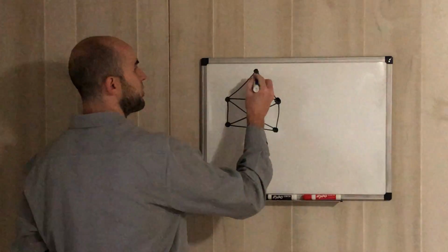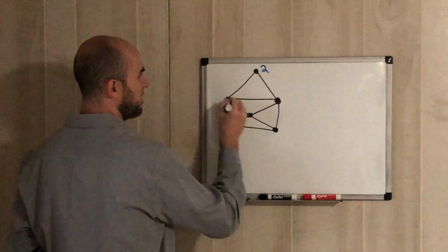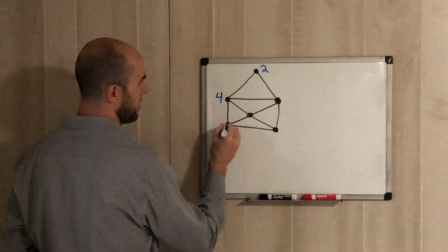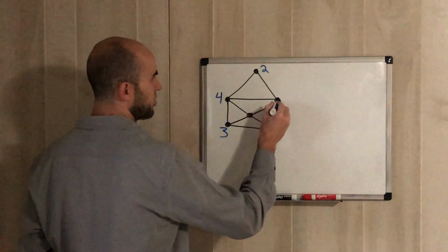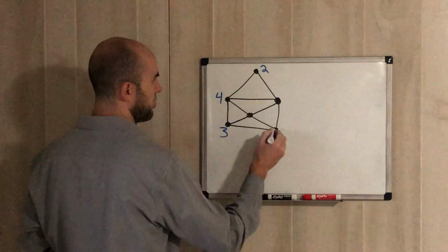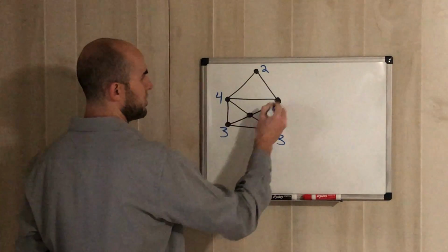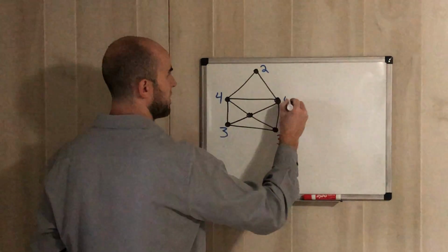So when we look at the first one, 1, 2. When we look at this one, 1, 2, 3, 4. When we look at this one, 1, 2, 3. When we look at this one, 1, 2, 3. When we look at this one, 1, 2, 3, 4.